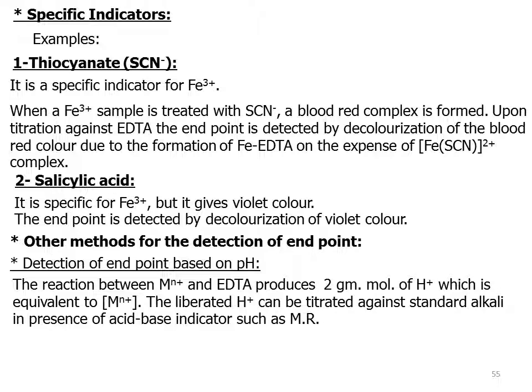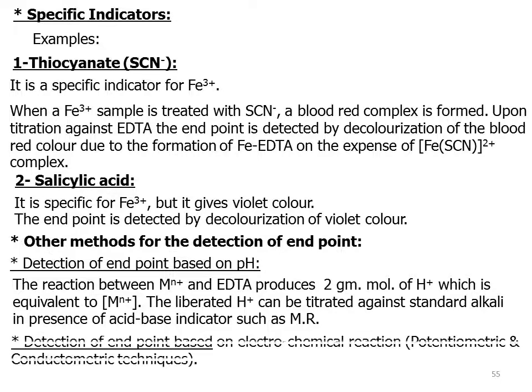So we can titrate the hydrogen liberated against standard alkali in presence of an acid-base indicator such as methyl red. And this will be equivalent to the concentration of the metal. Another way to detect the endpoint is to use electrochemical reactions, potentiometric and conductometric techniques, which you will study thoroughly in the instrumental part, I think next year or something like that.